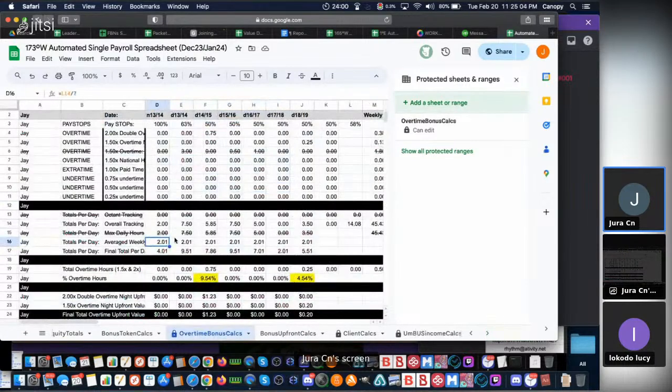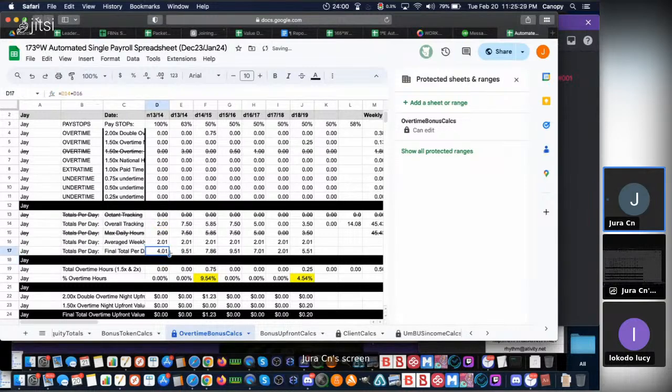So for me, I'm estimating 2 hours of weekly time per week. Then you have the final totals per day. The final total per day is going to be the overall tracking, D14, plus D16.